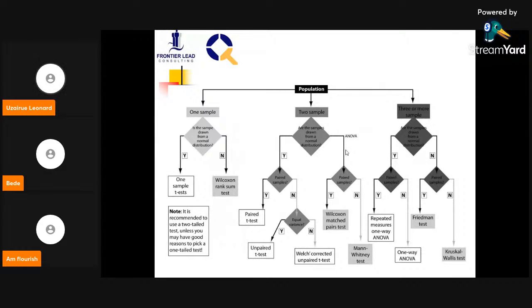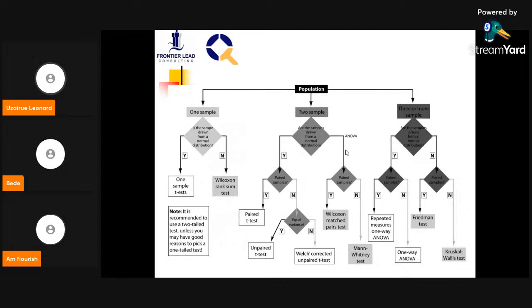Remember that because it's only the sportsmen you are looking at, that is only one population. Are you getting me? So for you to know the type of test you are going to run, you run what we refer to as a normality test on it.